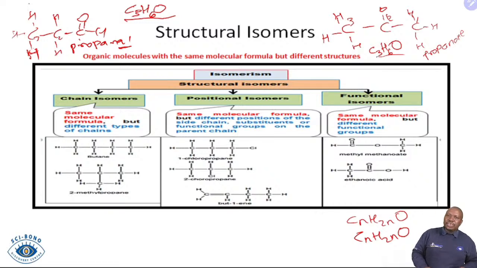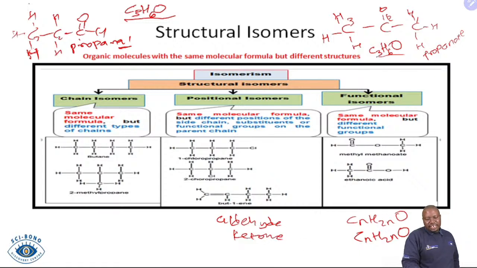If it's a different position of the substituent, of the side chain, or of the functional group, you will refer to that as positional isomers, because it's a different position. When it's different functional groups, it's functional isomers. So for functional isomers, you have aldehydes and ketones.